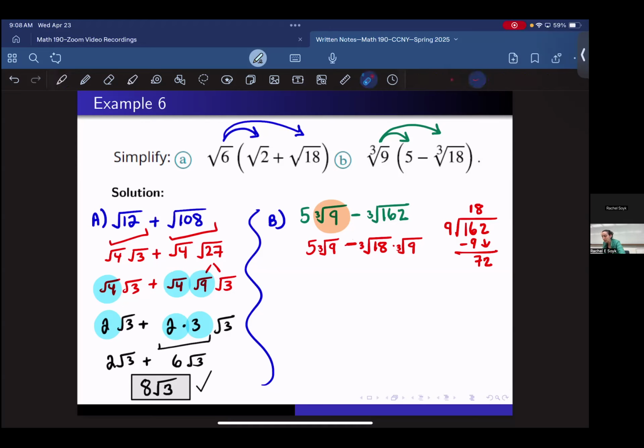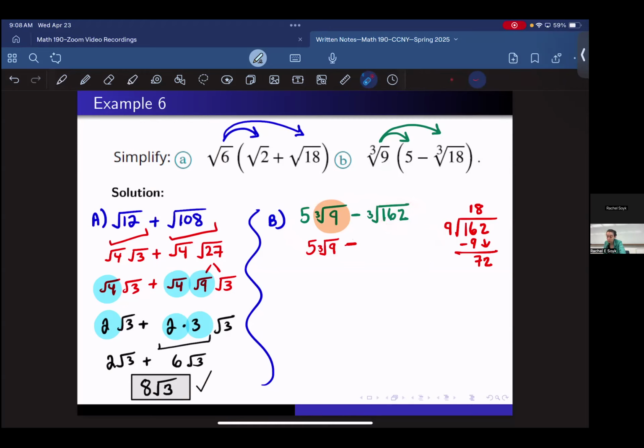So this problem actually isn't going to have like radicands. What we should do, once you go to that 162, just go up the way that we learned in the past few examples. You know, 2 is your base number. 2 to the third, 8. 8 doesn't go into 162.